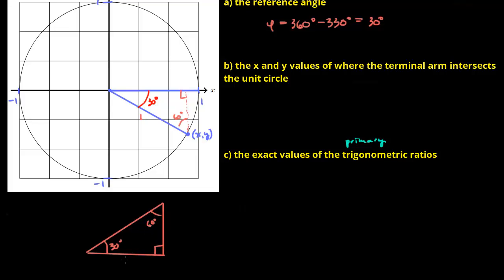We talked about this triangle where we had side lengths 1, root 3, and 2. And we said that any triangle that has these angles is similar to this triangle, and so it should have side lengths in the ratios of 1 to root 3 to 2.